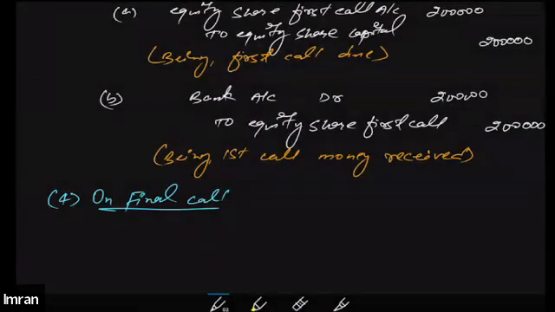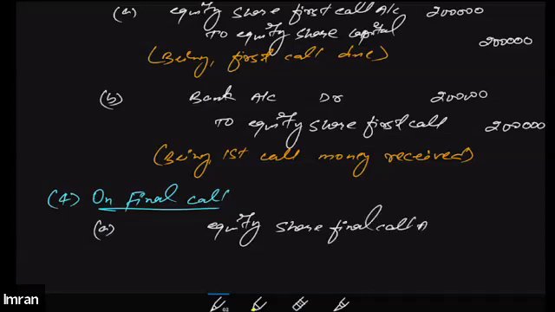Again, we need to first of all pass the journal entry for making it due, which will be equity share final call account debit to equity share capital. Entries are very repetitive. Every entry is almost similar to the previous.